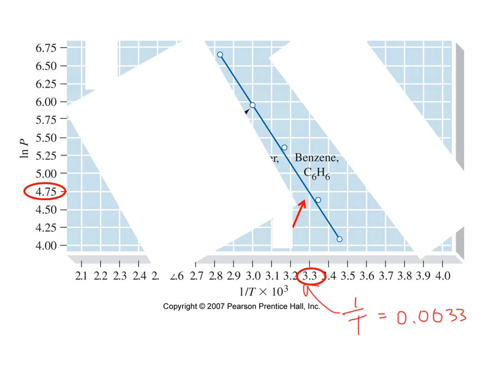Units for that, by the way, are Kelvin to the -1. So this right here, 3.3, really is 0.0033. And the way they did this, I kind of understand, because that's a hard number to put there. What they did is they packed it up this way.